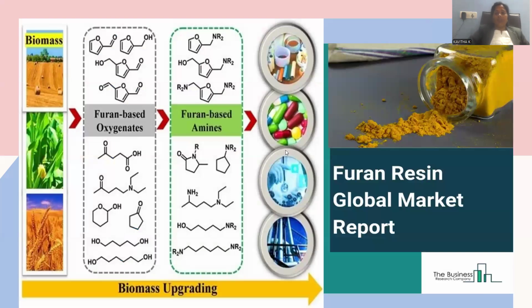Let me go with the potential applications of the furan molecule. Furan-based oxygenated compounds are available. This is an important substance in the manufacturing of biomass. Biomass is nothing but energy-bearing organisms from which we are able to extract that energy.